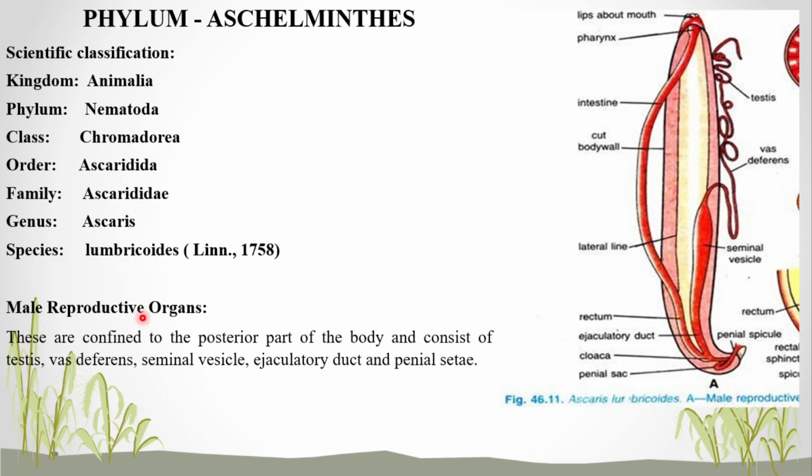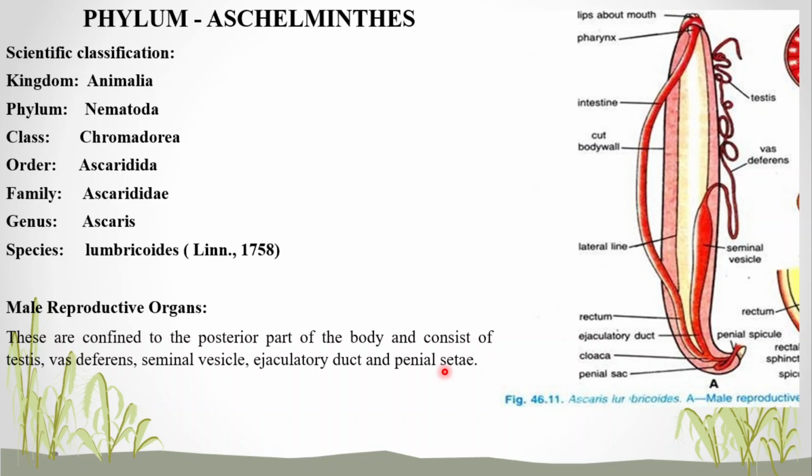Male reproductive organs in Ascaris are confined to the posterior part of the body and consist of testes, vas deferens, seminal vesicles, ejaculatory duct, and penial setae. These organs we have studied in Fasciola hepatica also.